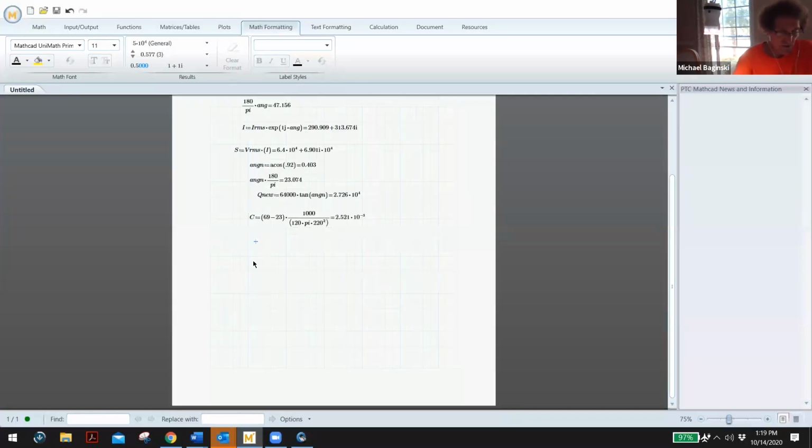So Q old for this problem would be equal to 10 to the 5th, which is 100,000, and then times the tangent. This is MathCAD if you're wondering what I'm using.